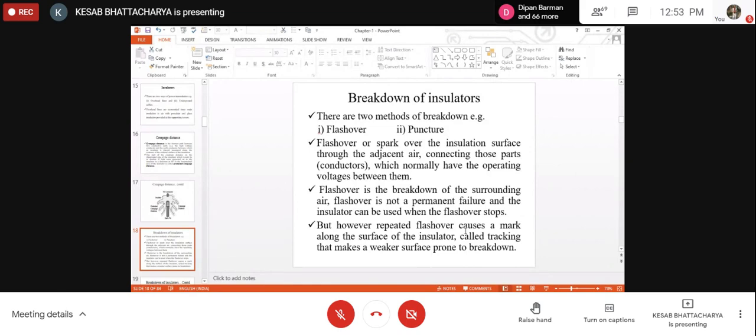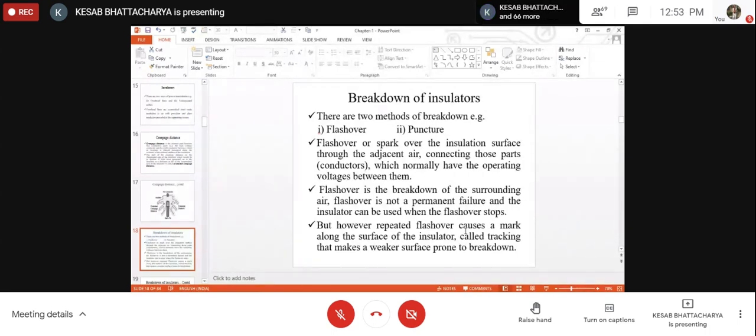This development of a mark on the insulator surface is called tracking. And when tracking occurs, the surface or the insulator as a whole becomes weaker and prone to breakdown. So this is about flashover.